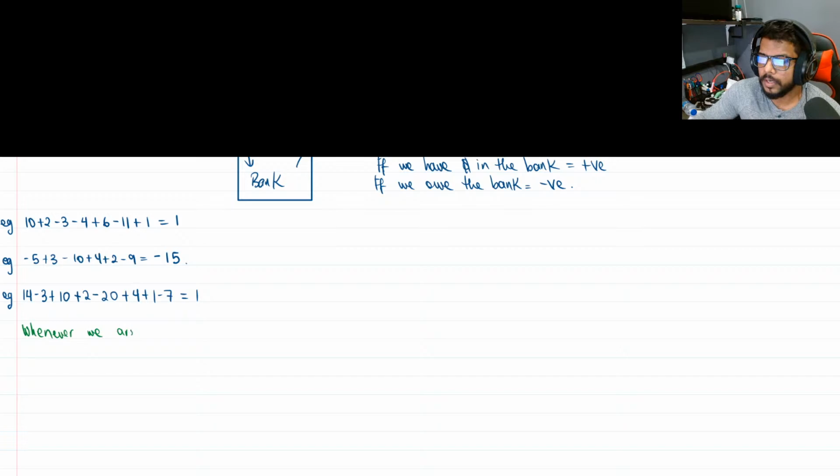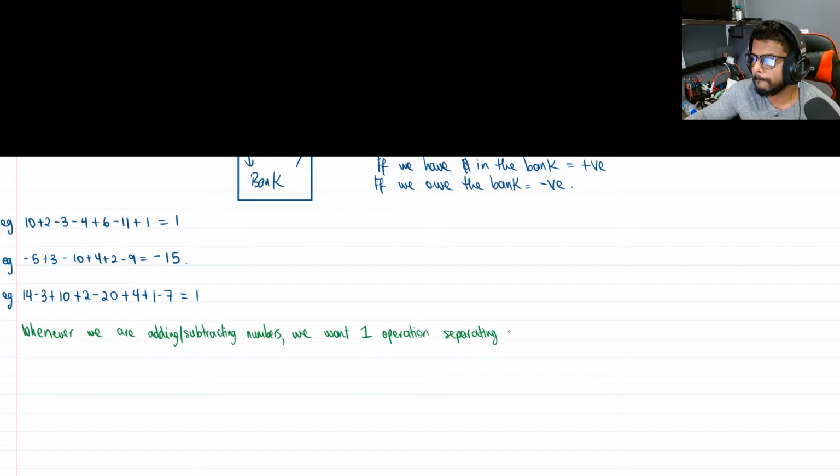Whenever we are adding, subtracting numbers, we want one operation separating the numbers. Very, very important note.